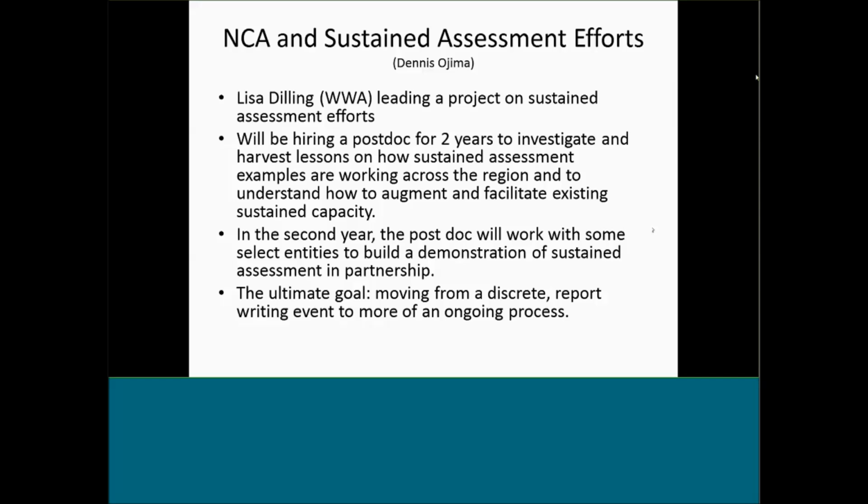And one thing that Lisa Dilling presented, and actually I may ask Bill Travis to enlarge on this topic, because I think he knows a little bit more from the Western Water perspective. There's an opportunity of developing a cross-regional synthesis of products for the sustained assessment. They'll be hiring a postdoc for a 24-month term to look at lessons learned.